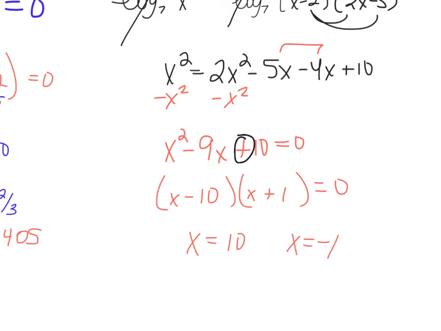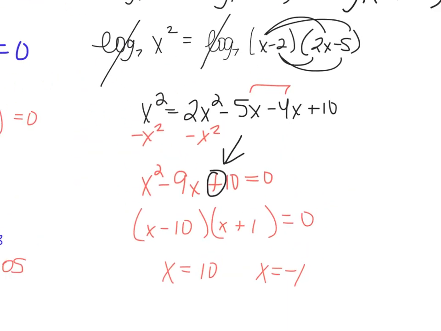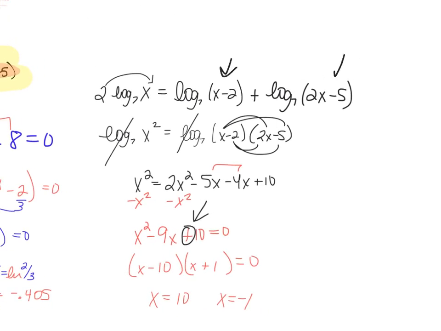But do you understand the process? So I would get to this point and just pretend the sign issue wasn't a thing. Obviously, this one doesn't factor, but I would go back and plug in. Just hypothetically speaking, my answers were 10 and negative 1. If I plug in 10 to the original, both these parentheses are still positive, right? Yeah. Okay. What about if I plug in negative 1?